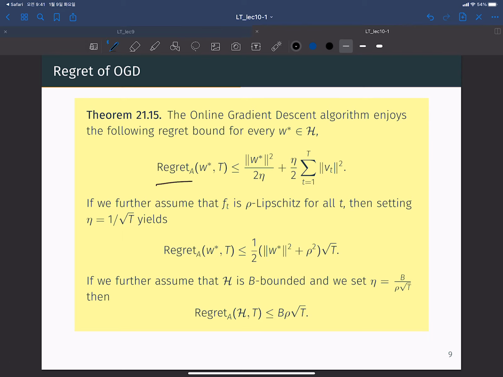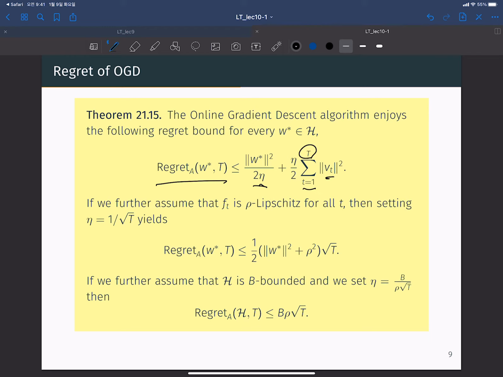The regret is upper bounded by the norm square of w star over 2 eta, where eta is the step size, the learning rate of the GD rule, plus eta over 2 times the summation from t=1 to capital T of the norm square of v_t. Here v_t is the gradient, so the gradient norm square.